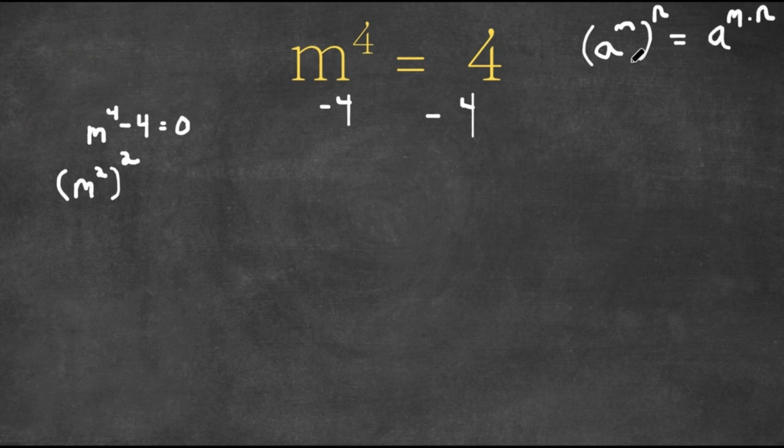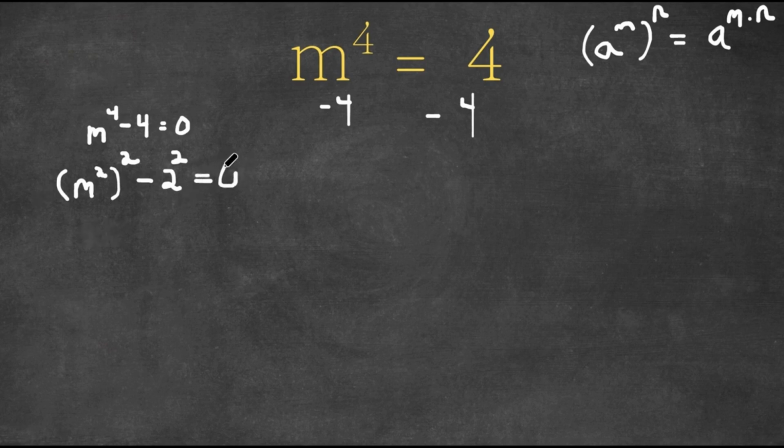So I changed m to the power of 4 into the form a to the power of m to the power of n. And we're going to subtract this with 2 squared, where I changed 4 to 2 squared. And this is equal to 0.